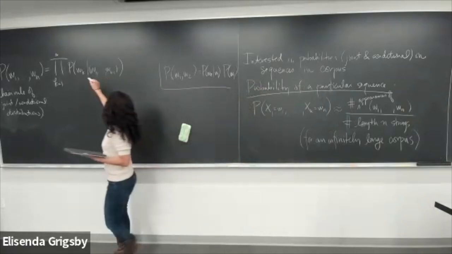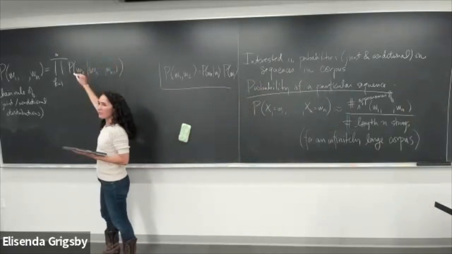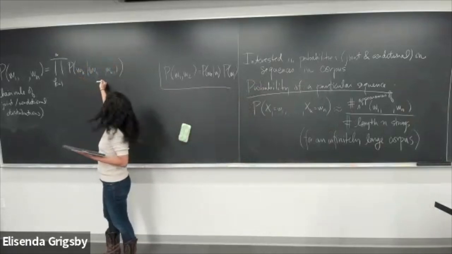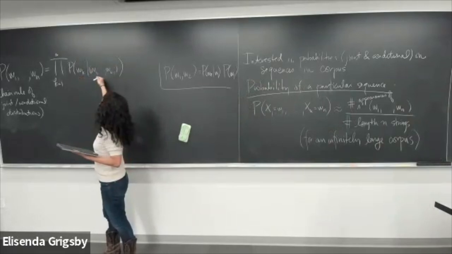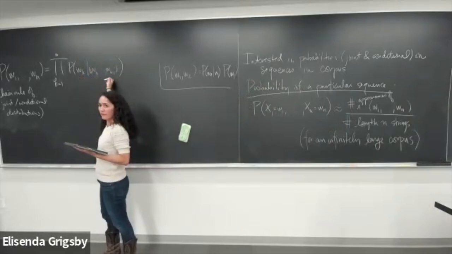So the point is that these get hard to compute or hard to estimate as these context lengths get long.